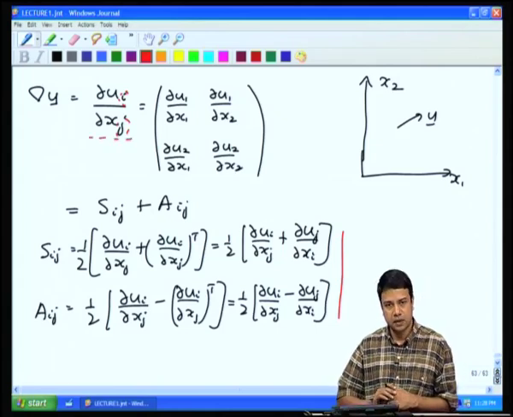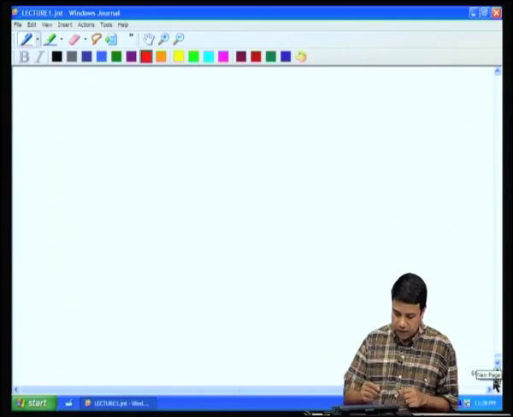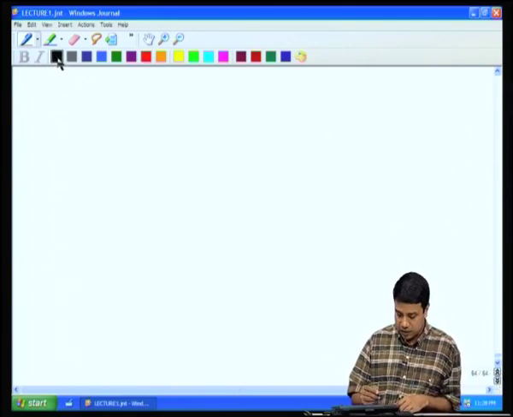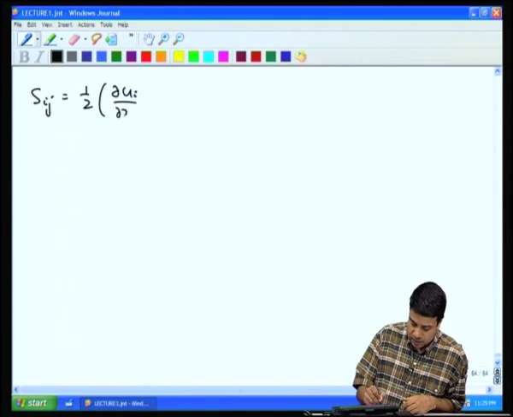So, I have separated out the rate of deformation tensor in this simple 2 dimensional system into a symmetric and antisymmetric part. I can further separate out the symmetric part. So, the symmetric part, if I write it out, S ij is equal to half partial u i by partial x j plus partial u j by partial x i.